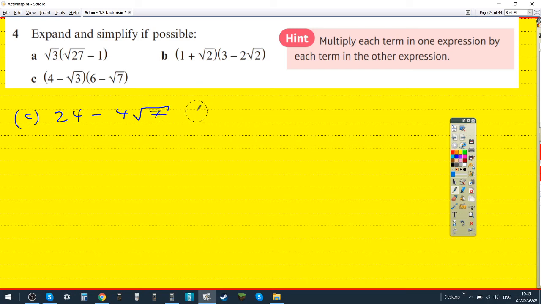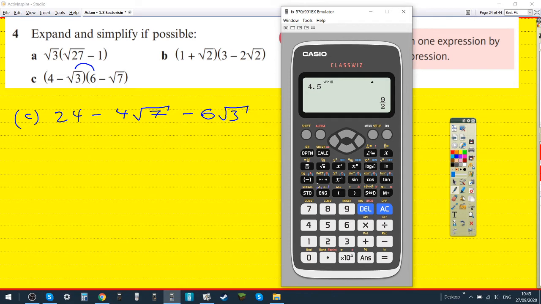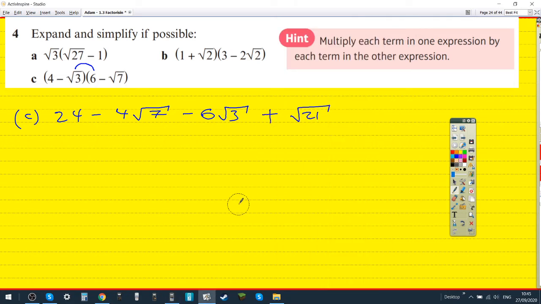And then it would be minus 6 root 7. Oh, root 3 times 7, sorry. And then it would just be root 21. Plus or minus? Minus. Or plus. Oh, because the 2 minuses cancel out. So they make it plus.